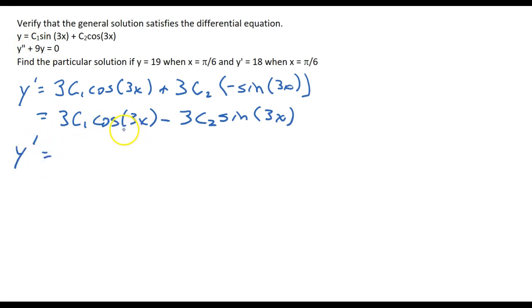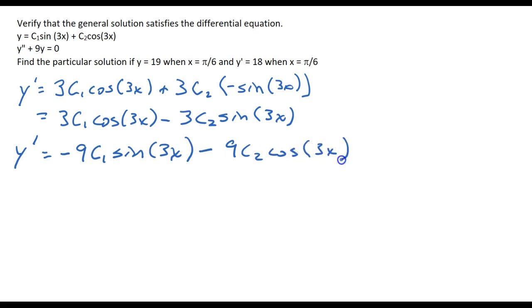And the derivative of cosine is negative sine, and chain rule says I have to multiply by the derivative of 3x. I'm going to get negative 9c1 sine 3x minus 9c2 cosine 3x. Okay, that's y double prime.